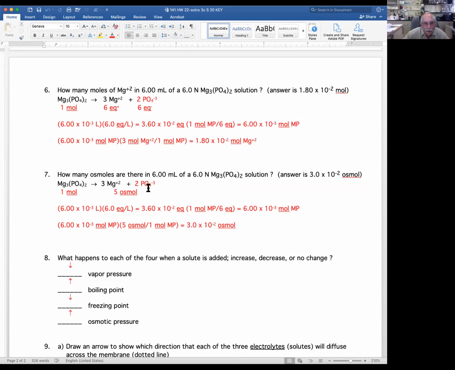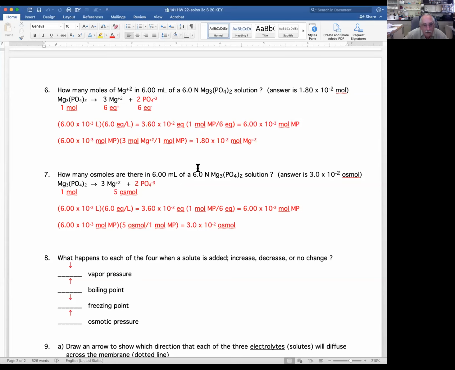So now we're looking at osmoles. So again, for a magnesium phosphate solution, 1 mole of magnesium gives me 5 osmoles. That's the conversion factor. So I got 6 milliliters, so I turn that into liters.